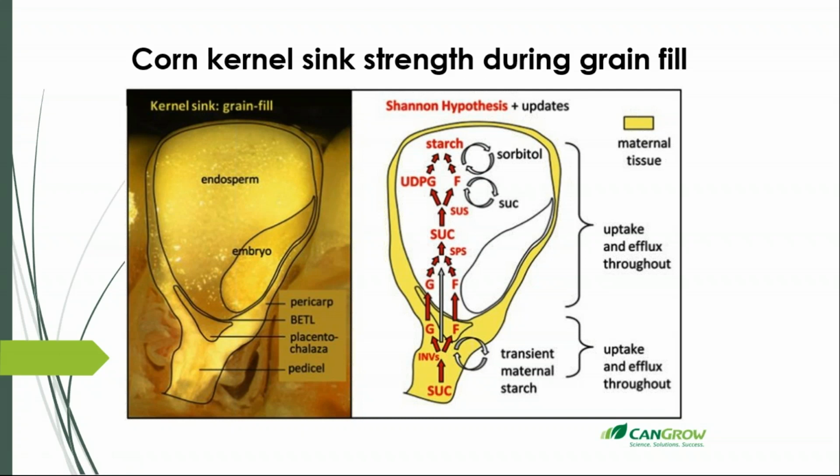So we need to understand this biology: how can we affect this basal endosperm transfer layer so that we can move more material quickly, and how can we affect the conversion of sugars into starch within that plant?